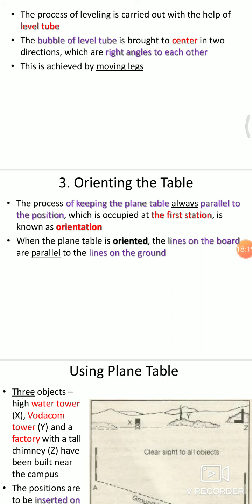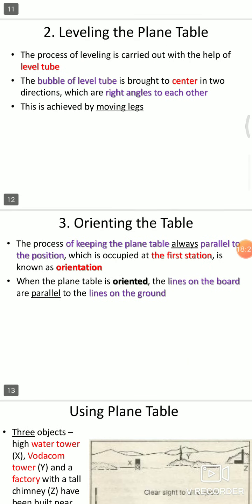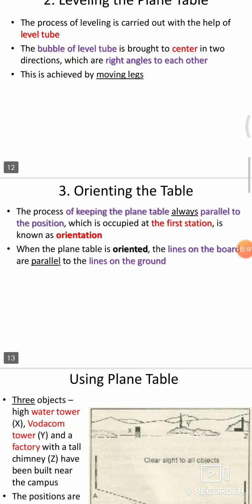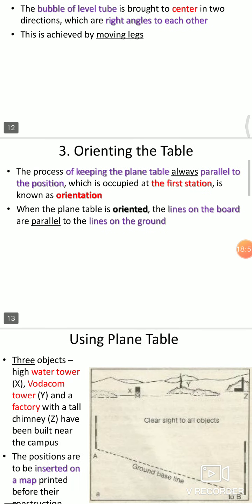It means when we move the plane table from one station to another station, the position of the plane table at the second station is parallel to that at the first station. Orientation is the process of keeping the plane table always parallel to the position occupied at the first station. So this procedure is called the orientation of the plane table.